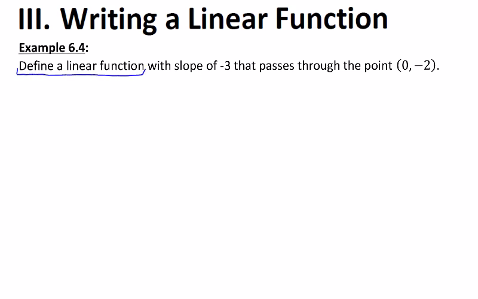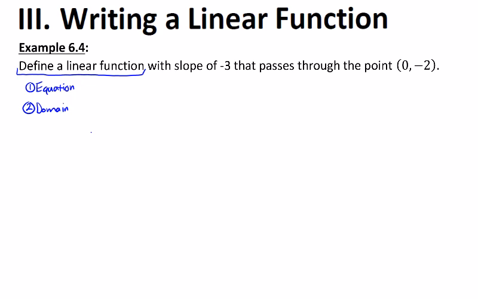So when I think about a function, I always think about there being two things that I have to be able to determine. Number one, I would like to be able to determine the equation for the function, and number two, I need to be able to determine the domain for that particular equation, which becomes the domain for my function.